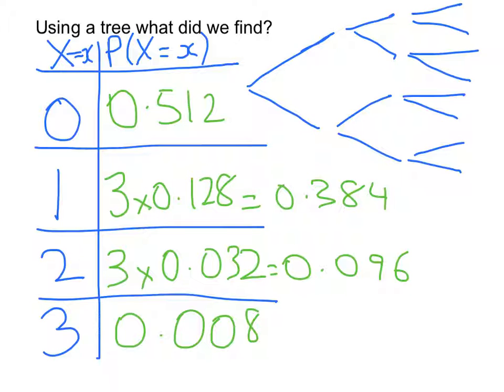But you could see a whole lot of pattern in that tree, and the whole point of having a binomial distribution is that once we've got the situation, we don't need to use a tree diagram again. So now let's take a look at how we can get a pattern and then a formula for binomial probabilities. Well, let's think about what happened with how many of each type we could get.